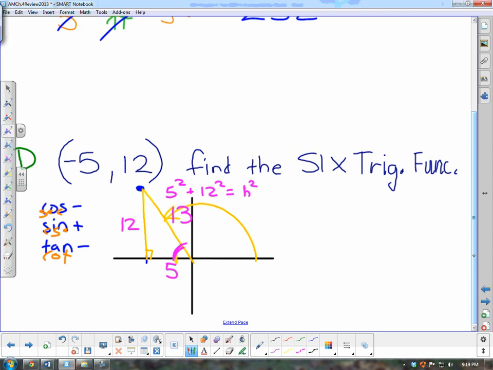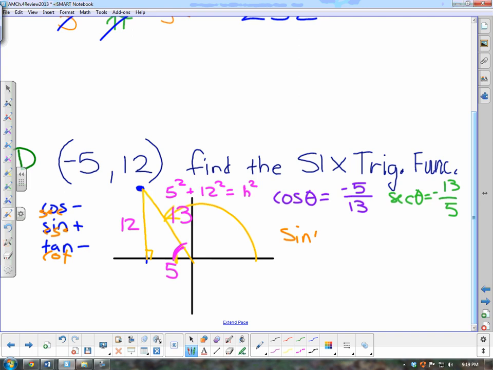And so now cosine of theta is going to be a negative 5 over 13, which then turns secant of theta into a negative 13 over 5.